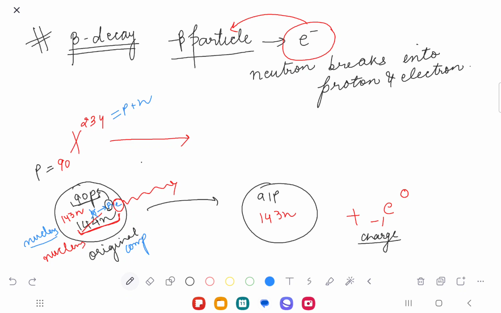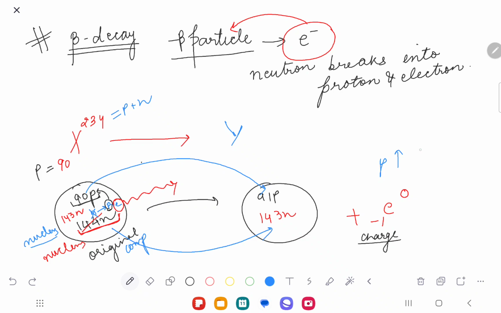So my point here is, what can I figure out from here? That in a beta decay, the protons increase. Now you see, from X to whatever Y is being formed, the protons have increased by 1 and the neutrons have decreased.